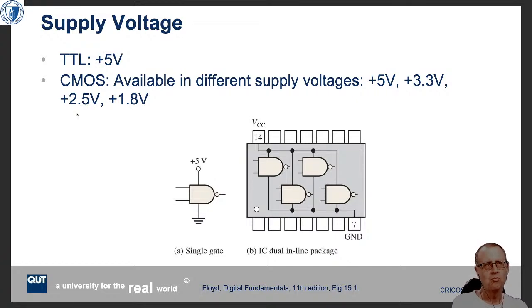So 5 squared is going to get you 25, which is significantly bigger than 1.8 squared. Okay, maybe the R is different, but the idea is that there's the potential for a much lower power dissipation going to CMOS over TTL, and lower voltage CMOS over higher voltage CMOS.